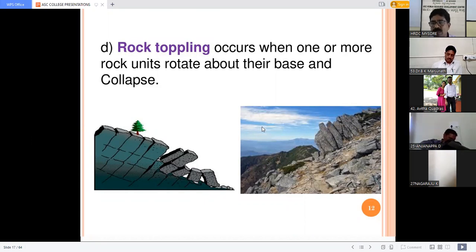So Geological Survey of India scientists, or any disaster management scientists, assess day by day and watch the features: what happened to the particular rock mass, what the topographical changes in the area are, what the terrain morphological changes are. Everything is observed very frequently by the scientists. This is one of the landslides, called rock toppling.